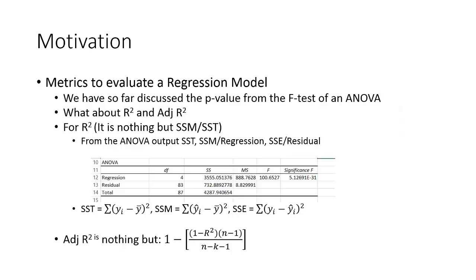When we were discussing subset selection, which is how you go about choosing which variable should stay in the model, we said we would make those choices based on some metric, not of the individual variables but of the model as a whole. Correct? In that context, we primarily discussed the use of the p-value from the F-test that you do with your ANOVA.